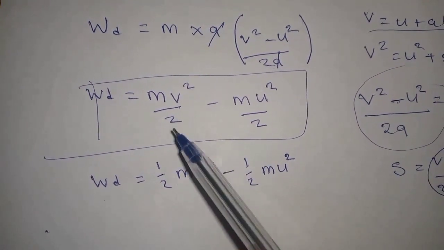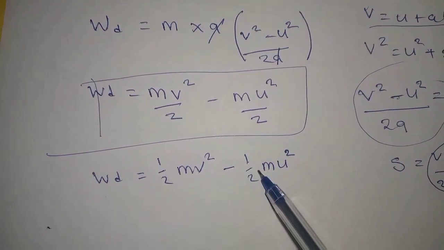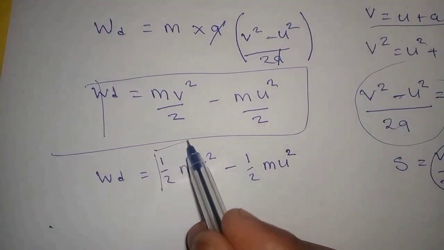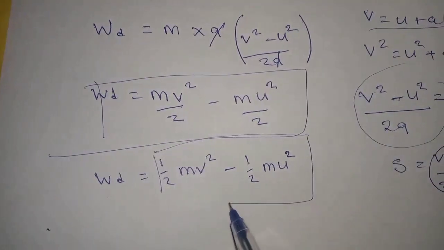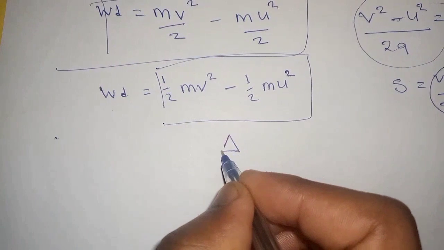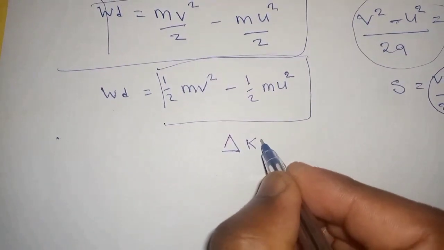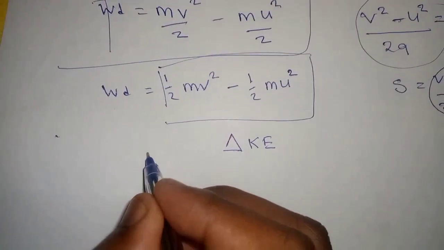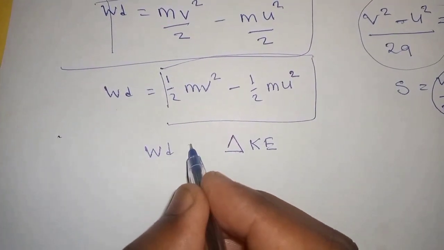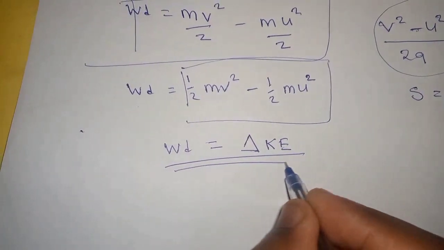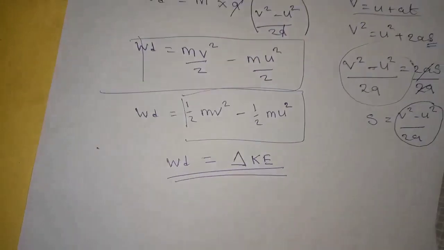That's why we have introduced the half here. And this equation starting from here up to here is what happens to be delta KE. So in short, work done is equal to delta KE, kinetic energy.